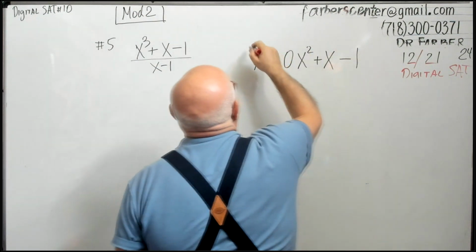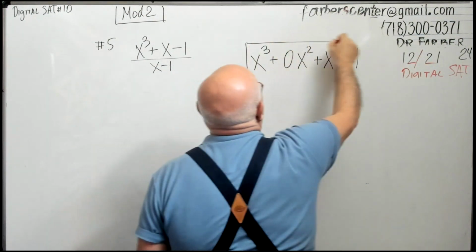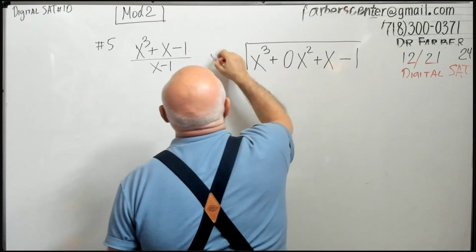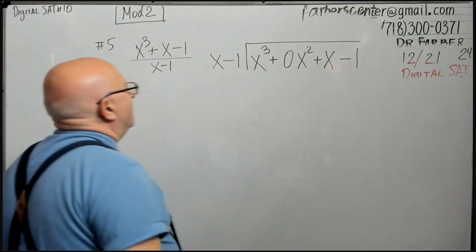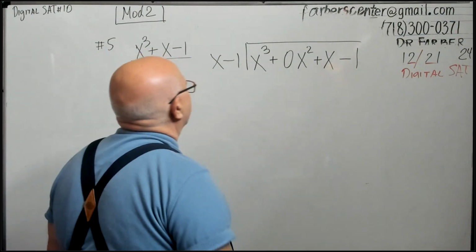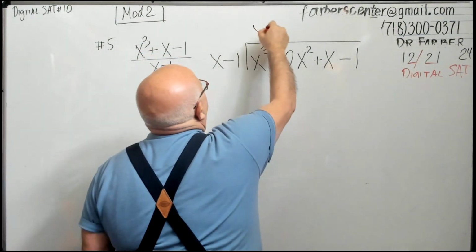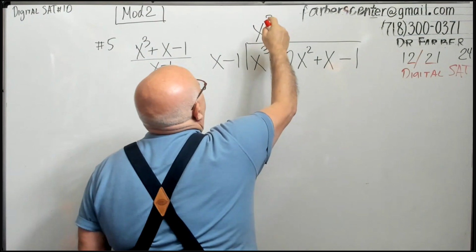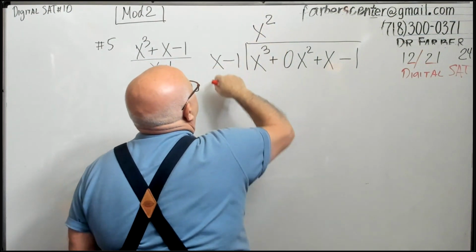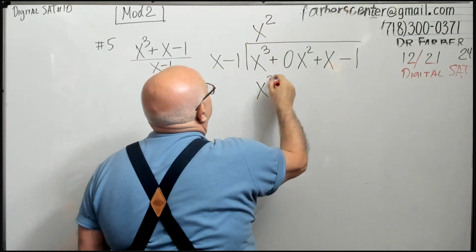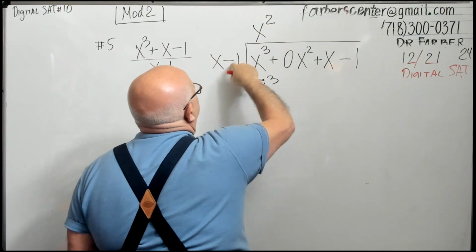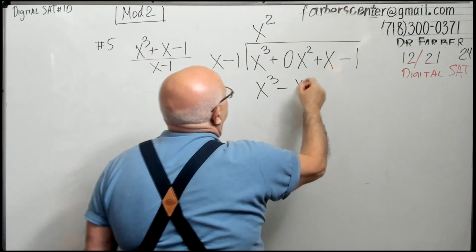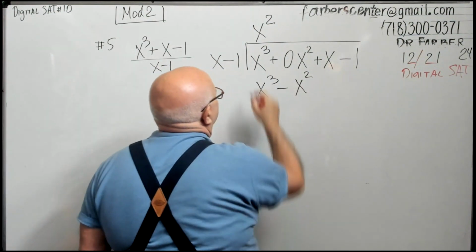And divide by x minus 1. Step number 1: x to the second times x is x to the third. X to the second times -1 is negative x to the second.